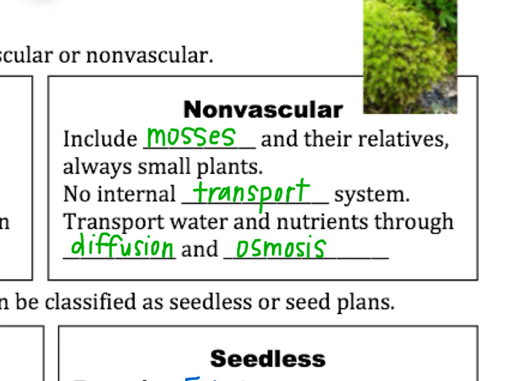And this is a much slower process than just moving it through a transport system. So these plants have to grow very small so that they can get the nutrients that they need to all of their cells. So they can't get very big because they don't have that internal transport system.